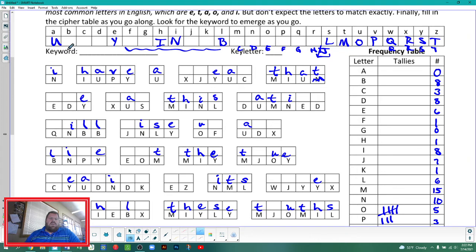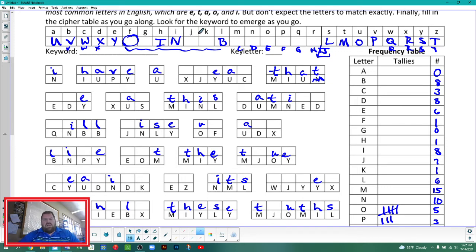So this would be U, V, W, X. That works out too. V, W, and X. And then, we're kind of looking here. It's either Z or it's the start of the keyword right here under F.